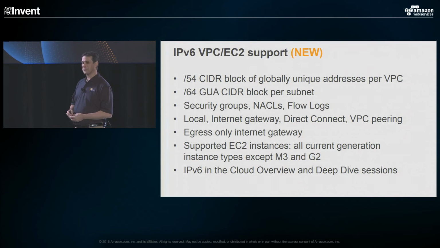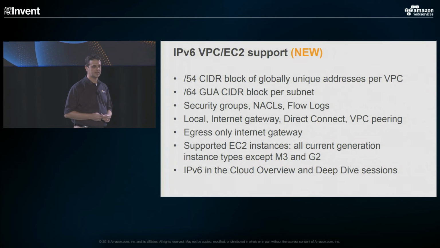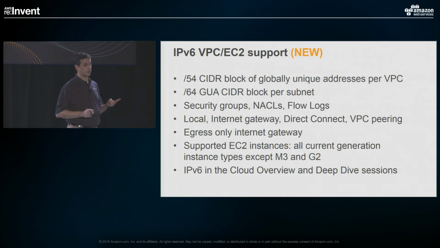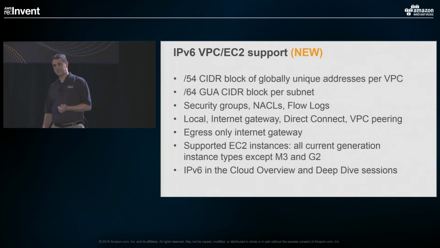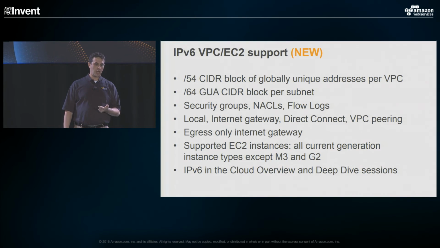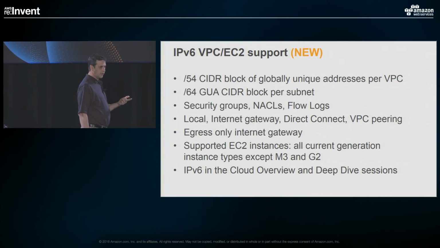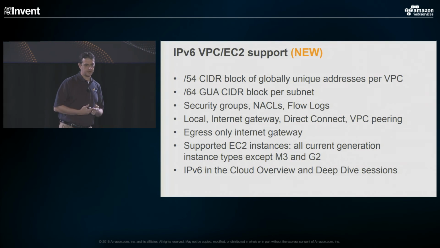It took a lot of hard work from the VPC team and EC2 networking team to get this released. So there were 2 sessions that were opened up yesterday, an hour after we launched this. One was an introduction to IPv6, and the other one was a deep dive. Both of them are going to be available online within the next week or two, including the slides themselves. So that'll give you the ability to go in there and take a deeper dive look.